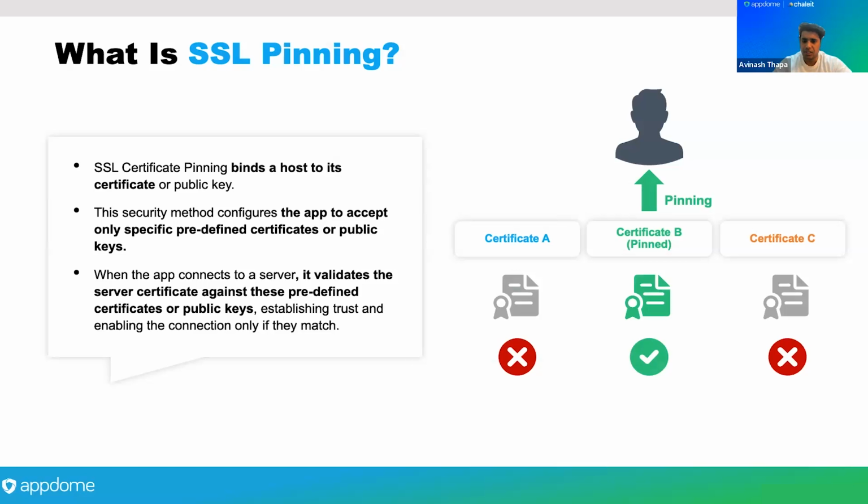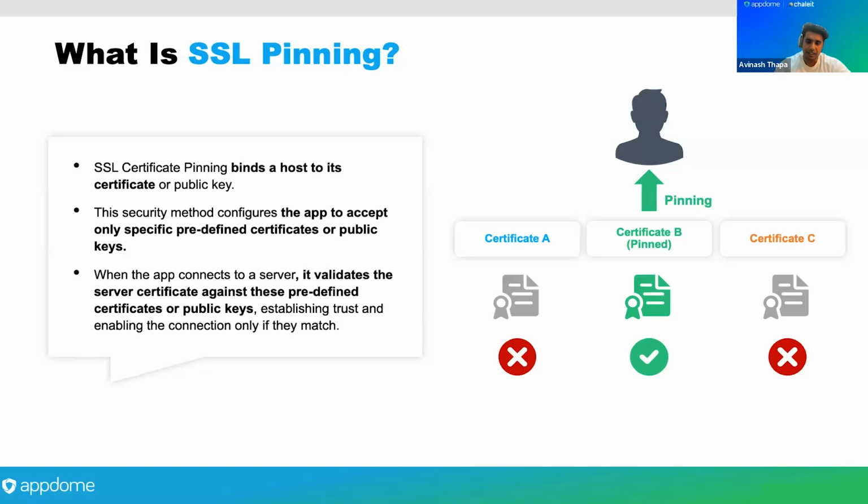What it does is hard code the certificates or its public key in an application, or in more layman terms, in the APK file or IPA file that you have for an Android device or iOS device. SSL pinning ensures that whatever communication is going on from your client to the server is genuine communication, and that the APIs trying to connect from your client to the server are connecting to the genuine server, not a fraudulent one.